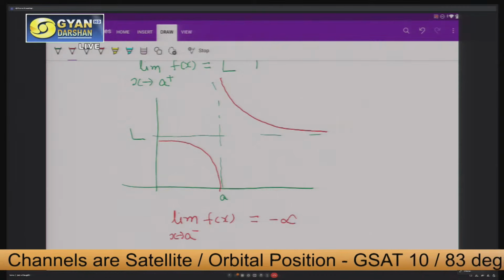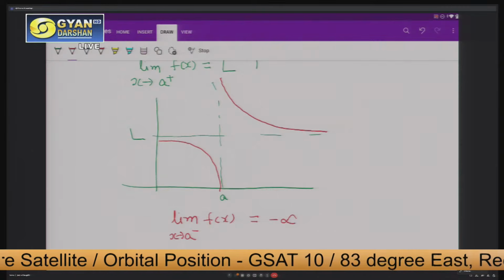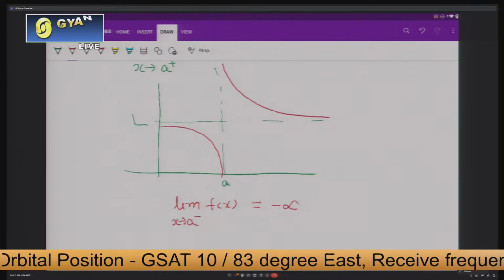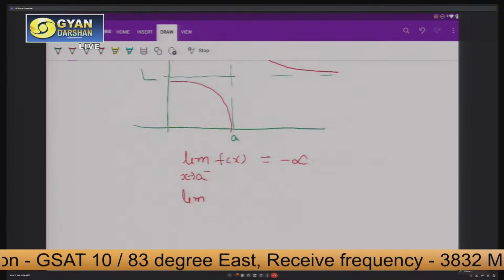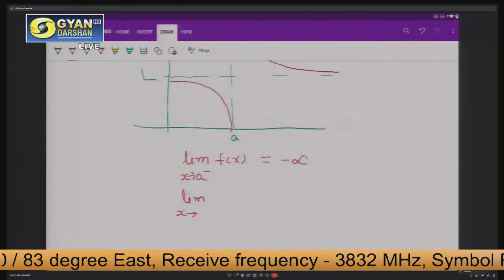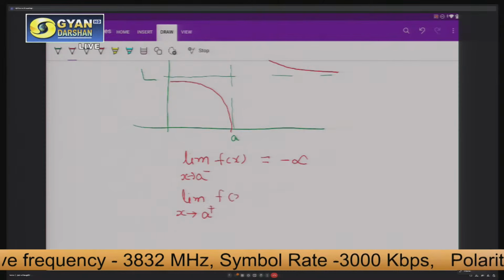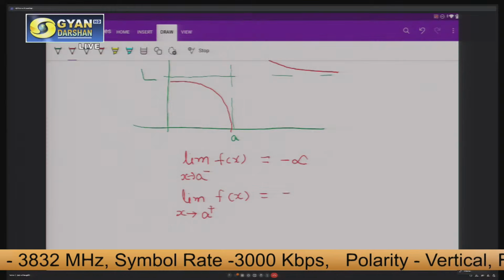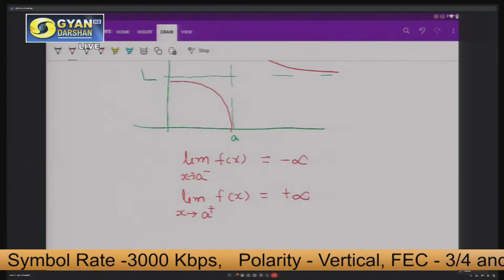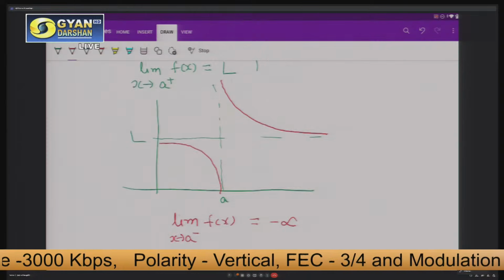It is not converging. And when x tends to a plus from right side, its value is approaching towards plus infinity.